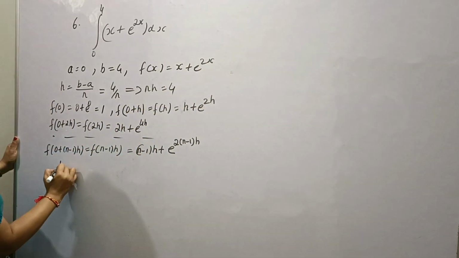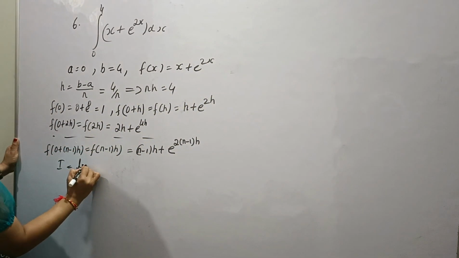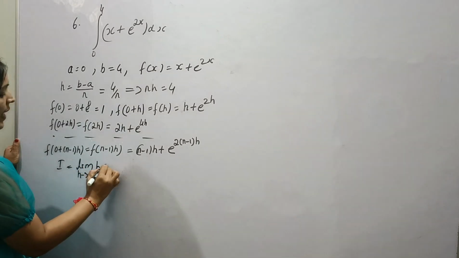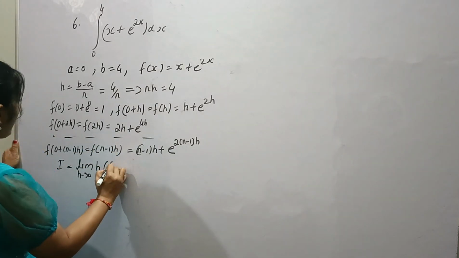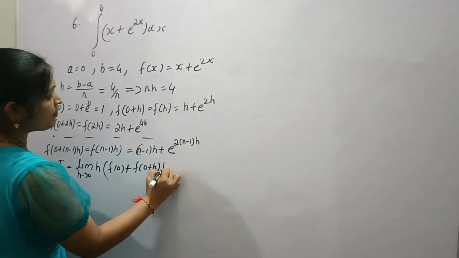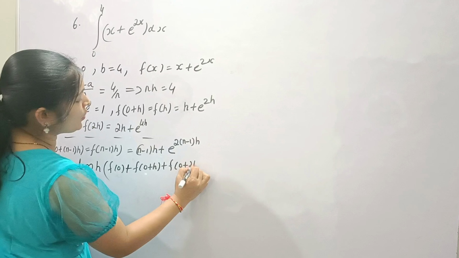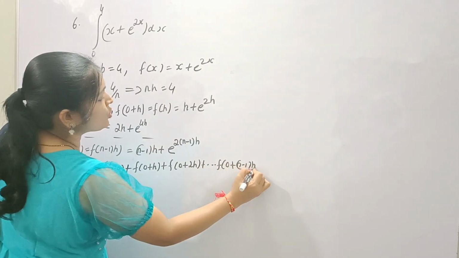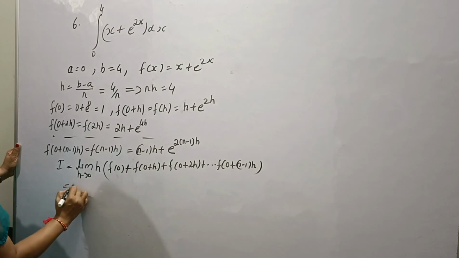That is I is equal to limit h tends to 0. It is our formula. H tends to 0, h into f of 0 plus f of 0 plus h plus f of 0 plus 2h plus etc. plus f of 0 plus (n minus 1) into h. Substitute these values.